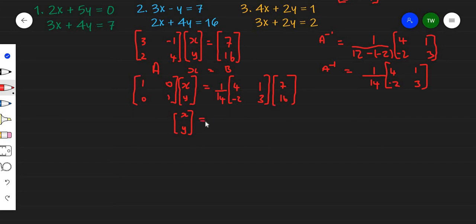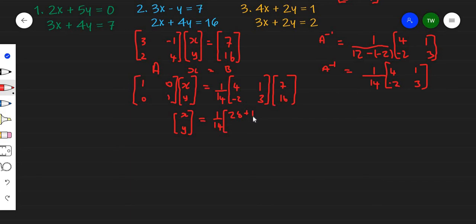It's equal to, I'm going to keep my scalar quantity here, which is just 1 over 14. And I'm going to just multiply out these matrices. So it's going to be 4 times 7. That's going to give me 28, plus 1 times 16.